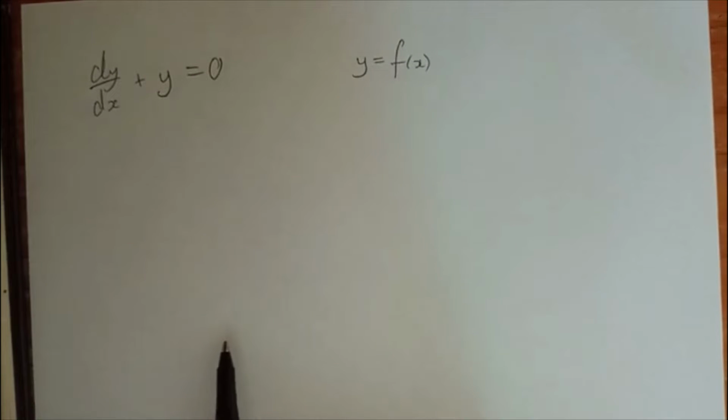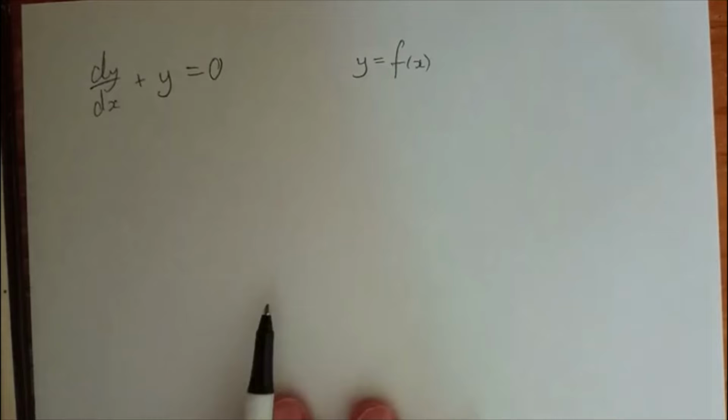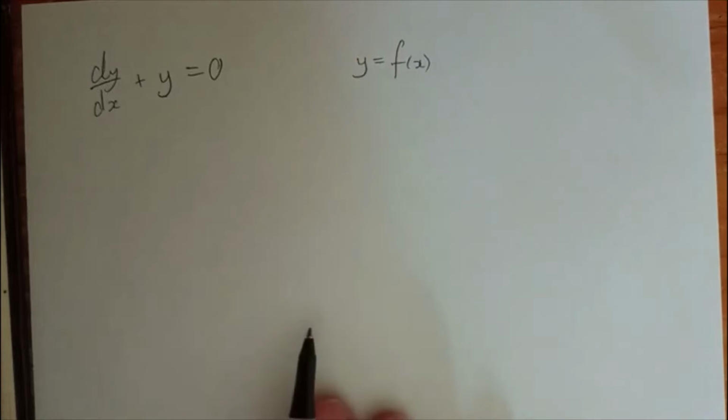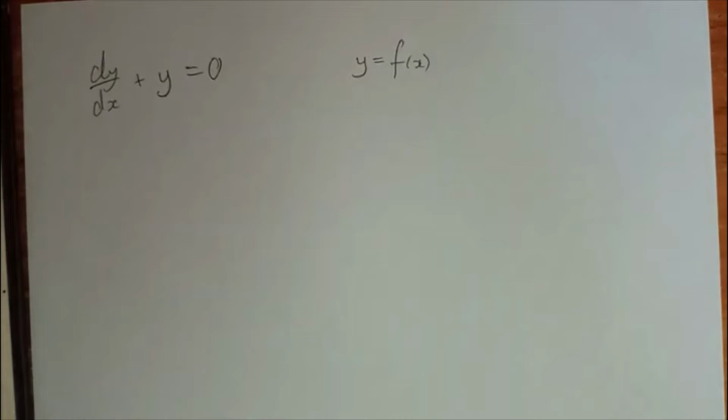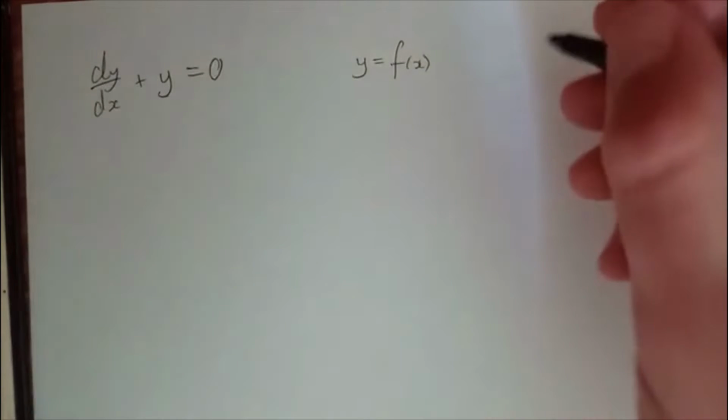If y was a function of x and t, we might have partial derivatives with respect to x, with respect to t, or with respect to both x and t. And we'd have a partial differential equation, or PDE, rather than an ordinary differential equation, or ODE. So this one here is an ODE.